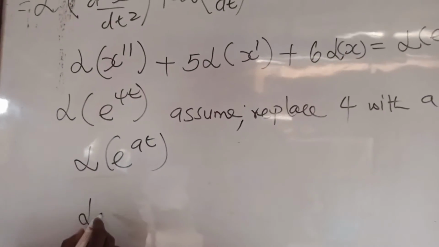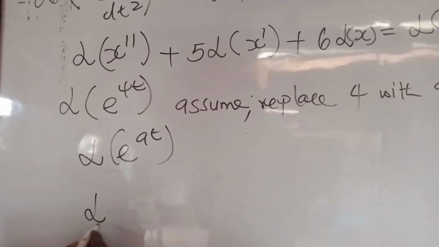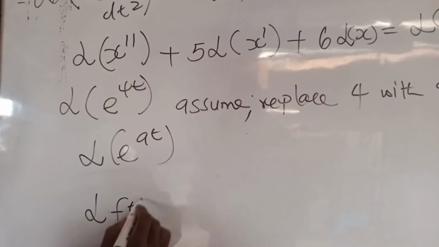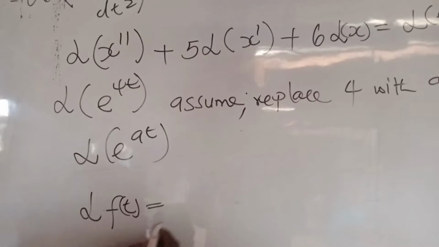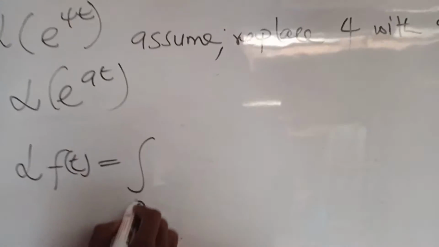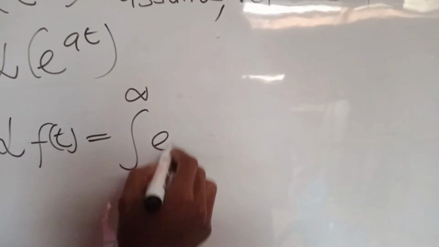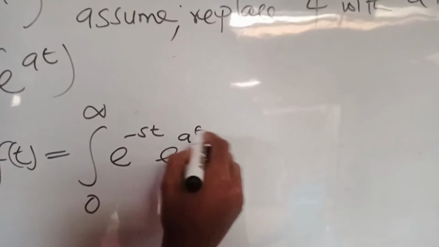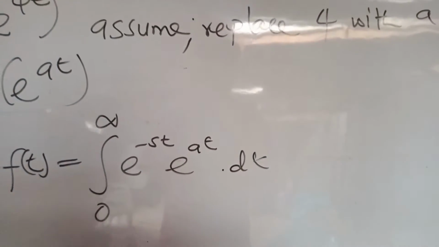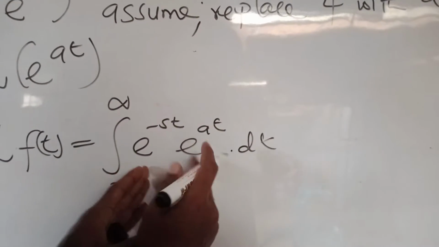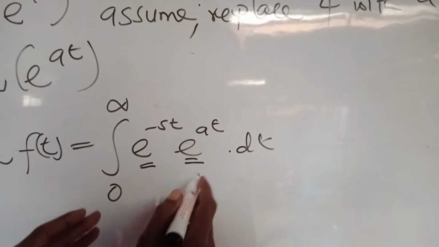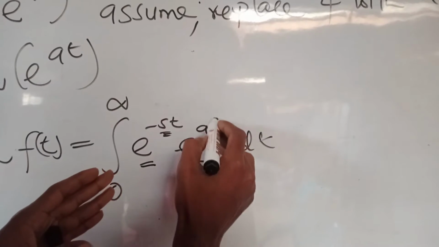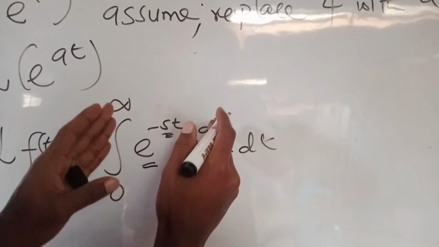So Laplace transform of e raised to at, we remember that the Laplace transform formula is equals to integrating from 0 to infinity e raised to negative st times e raised to at, dt. Combining these, you see this is a, and these are values that are put on the indices.